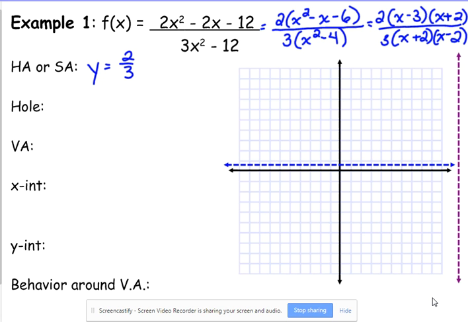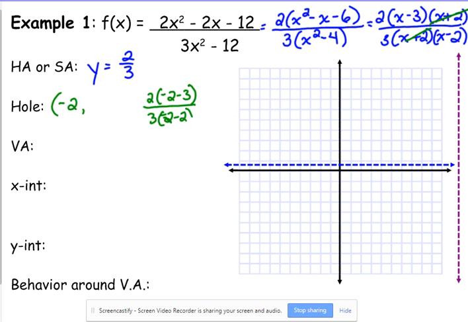Do we have a hole? Yes, we do, because x plus 2 is going to cancel in the numerator and in the denominator. So we know that our hole is at x equals -2, but we've got to find the y value as well. So let's plug -2 into what we've got left.